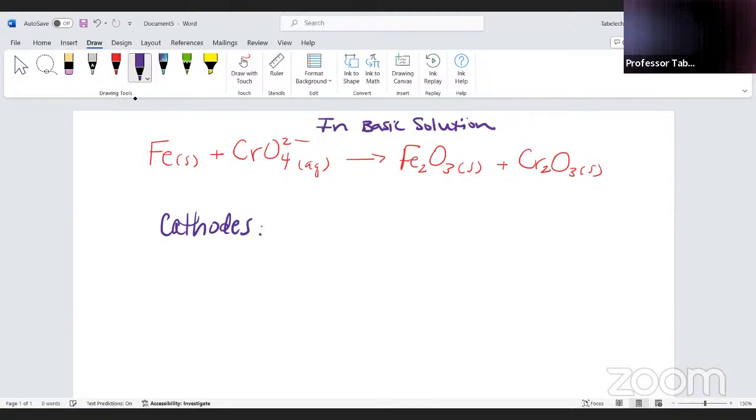Cathodes is when you have, let's say you're looking at zinc, okay? Cathodes is when you're gaining electrons, and when you gain electrons, as a result, this is where you have, let's say again, the example of zinc with the +2 charge. You would add 2 electrons to cancel them out, and you would be left with zinc in this particular example. If you had an anode like copper, you're going to lose those electrons.